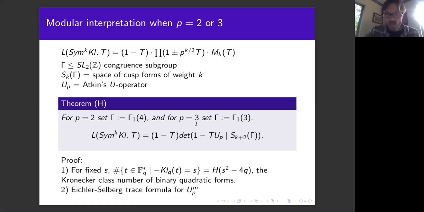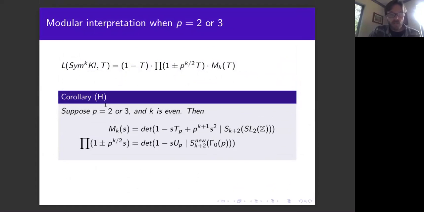All right, so you can actually break this down a little bit further. Up here, notice I had this 1 minus t. The L function of the symmetric power has this factorization, but you don't see that here except for this 1 minus t popping out. You can break this down even further, and that's this next part: when p is 2 or 3 and k is even, then you can see this factorization.